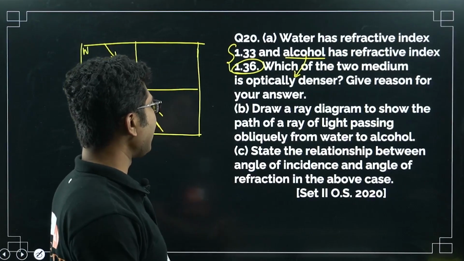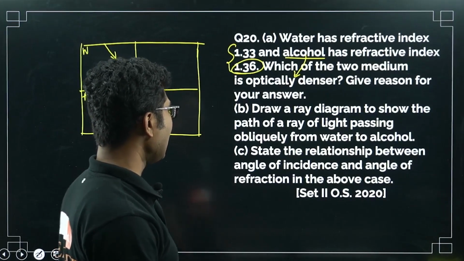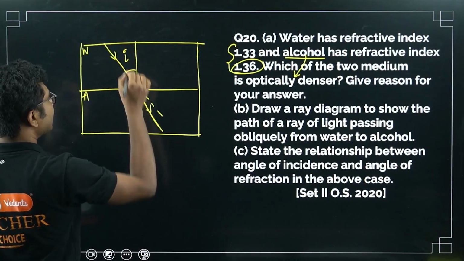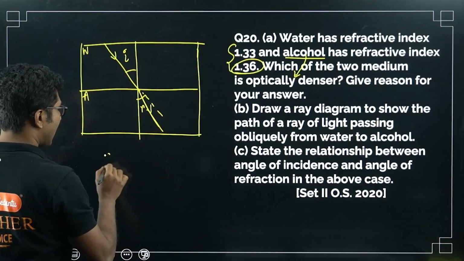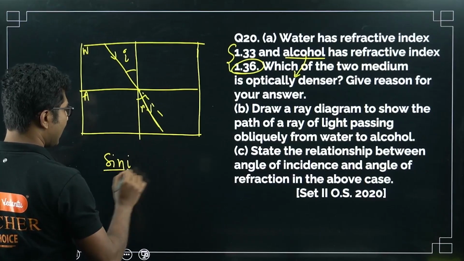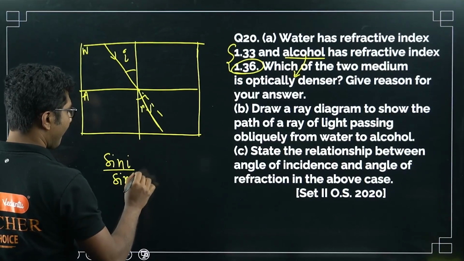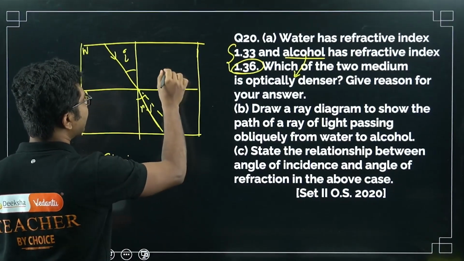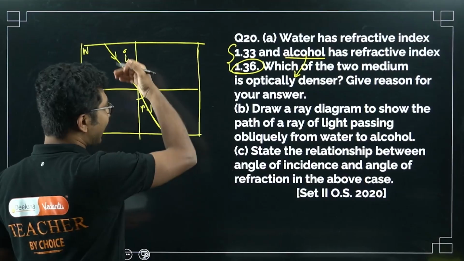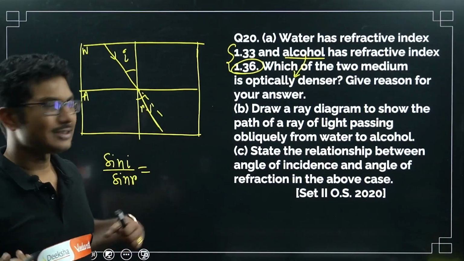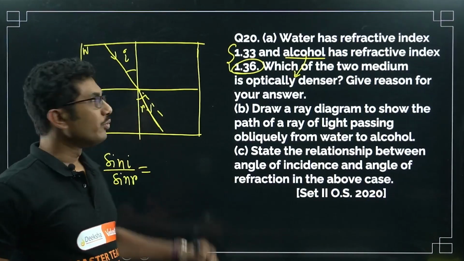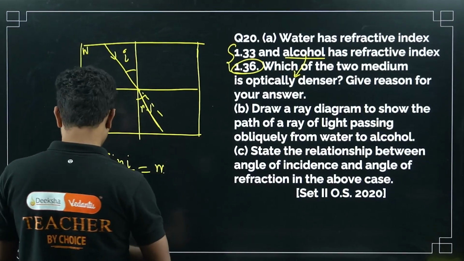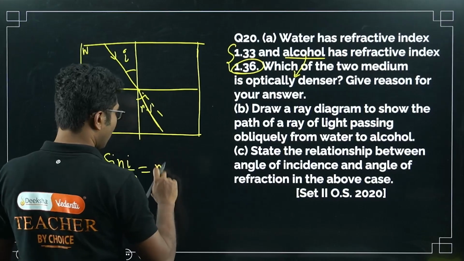State the relationship between angle of incidence and angle of refraction in the above case. Suppose this is the angle of incidence, this is the angle of refraction, so sin I by sin R is the refractive index of the second medium with respect to the first medium. So you have to remember the refractive index of alcohol with respect to water.